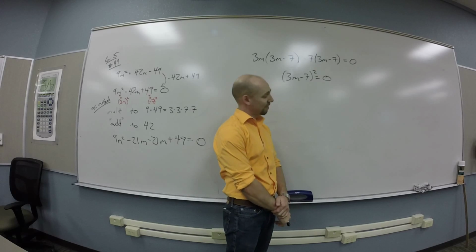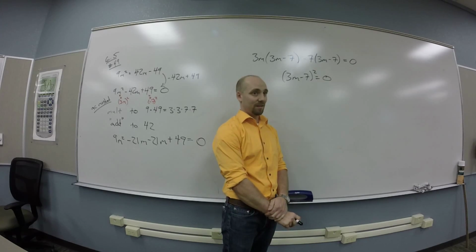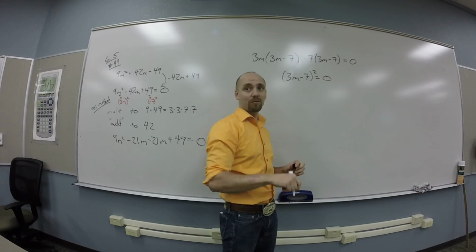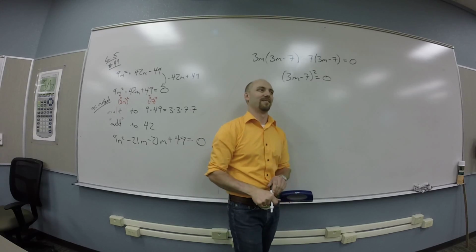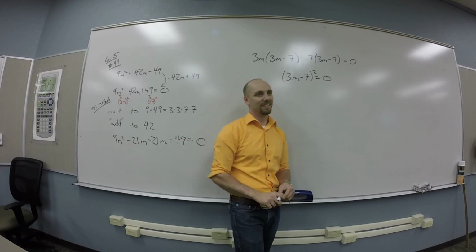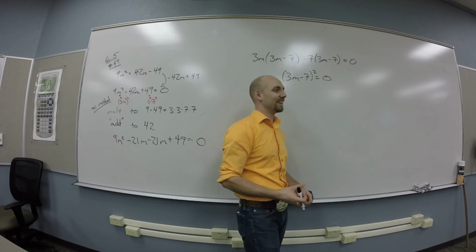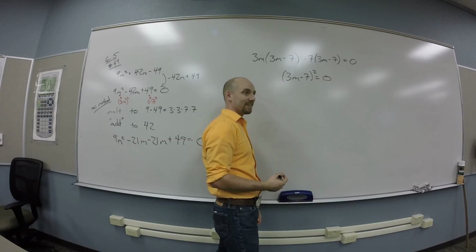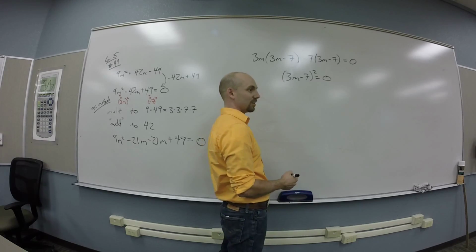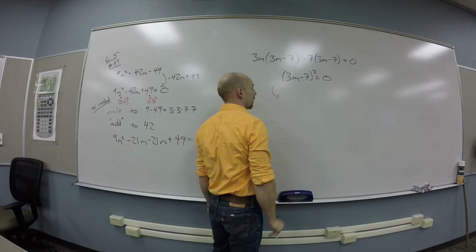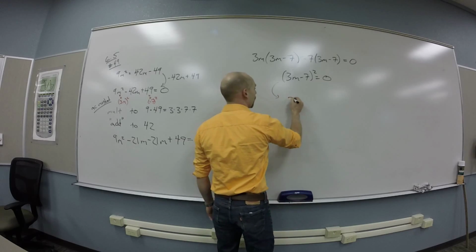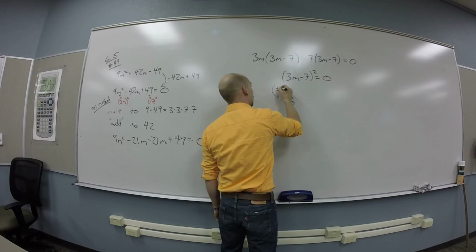So what do I do with this? Yeah, I do the zero product rule, right? Or you can just get rid of the square. I can extract the roots, right? You guys see that? Either way, they're both valid options. So either way, you'll end up with, say, let's extract the roots.